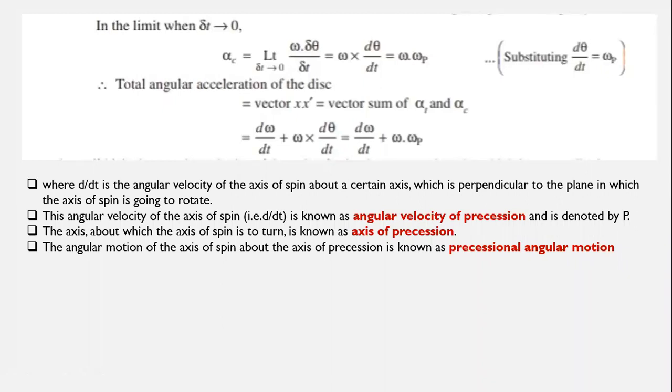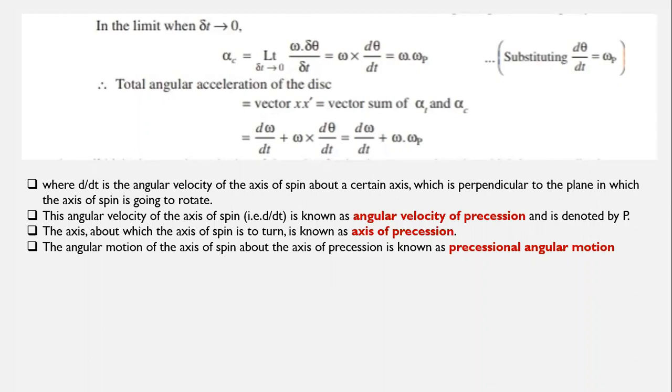So here there are some more short answers regarding this unit in part 1. d theta by dt is the angular velocity of the axis of spin about a certain axis which is perpendicular to the plane in which the axis of spin is going to rotate. This angular velocity of the spin axis is known as the angular velocity of precession.